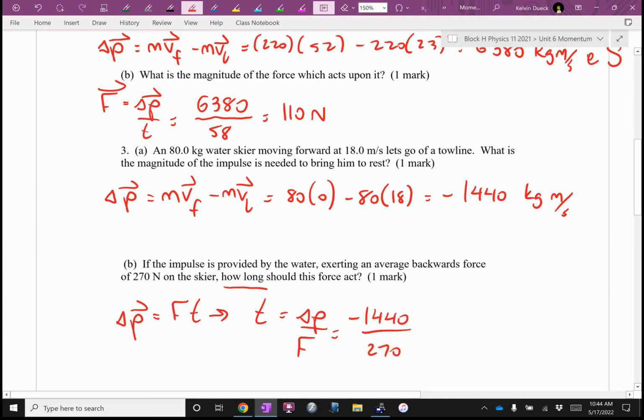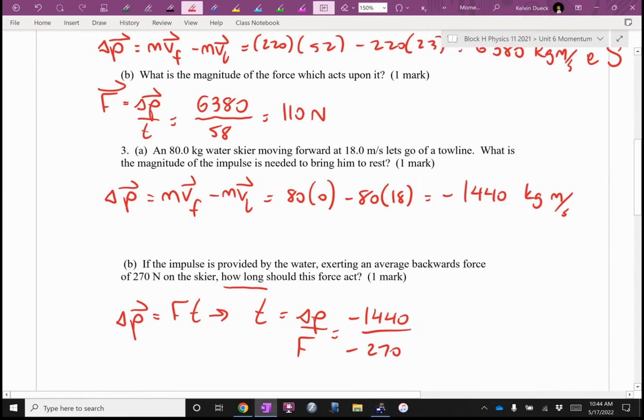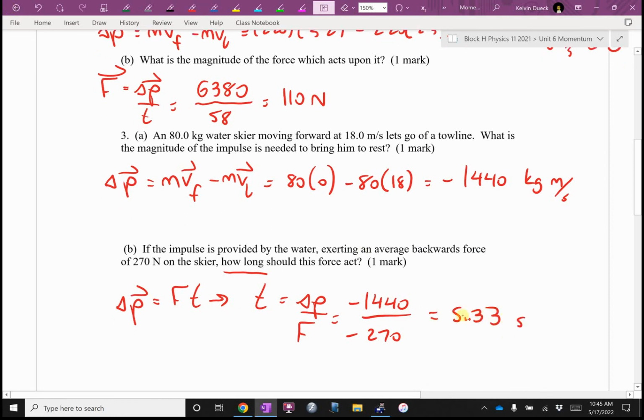Now, if you kept the negative there, you would have also needed to say the force is also negative because it's backwards. You would have needed to put a negative there so that you get a negative divided by a negative, which is a positive because time is a scalar. It's going to be positive. Or you could have just left the negatives off. And I got 5.33 seconds. Is that correct? Then I turned the page.